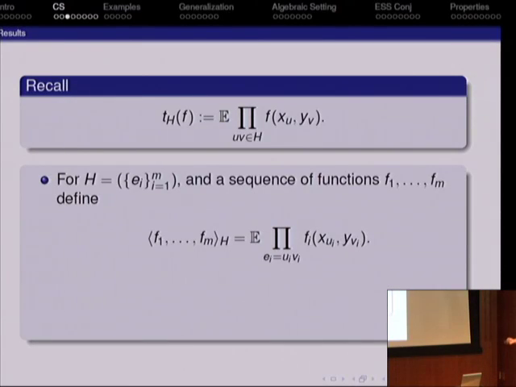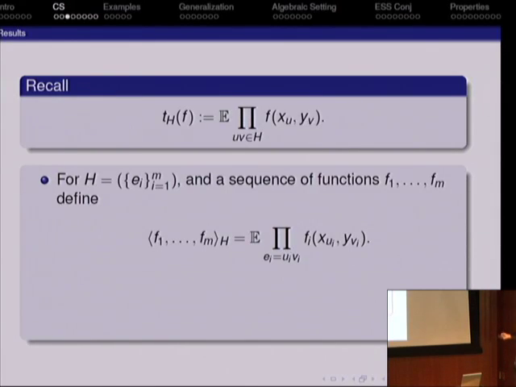So let me introduce another notation. We are working with this bipartite graph H. Let me put an order on the edges. Let me give them names. I have m edges. Let me call them E1 to EM. Now, suppose instead of one function, I have m functions, actually. So for every edge, I have a particular function fi. Now, I define this product over H of these functions as the same expected value as I had for a single function.